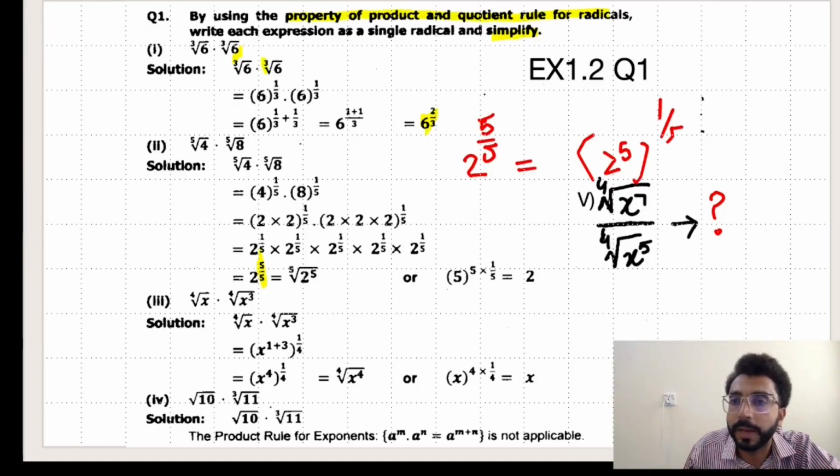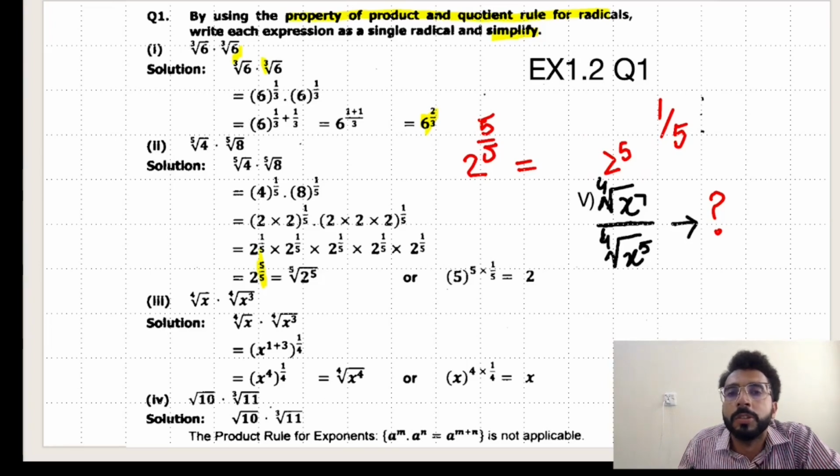Sorry students, this pen is something. Yes, we can write it in the form like this. Okay, this is the exponential form. We can write this in the radical symbol as given here.